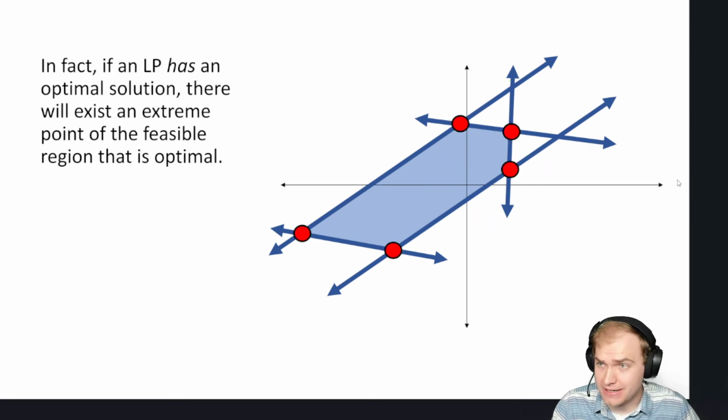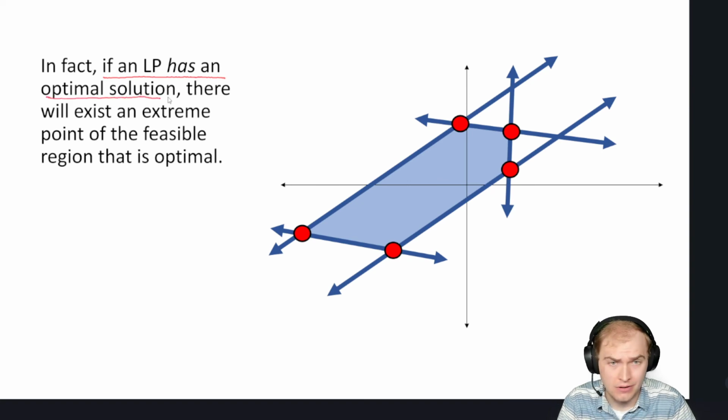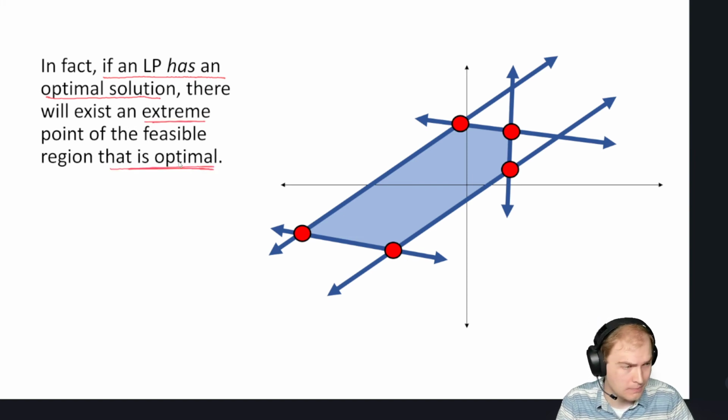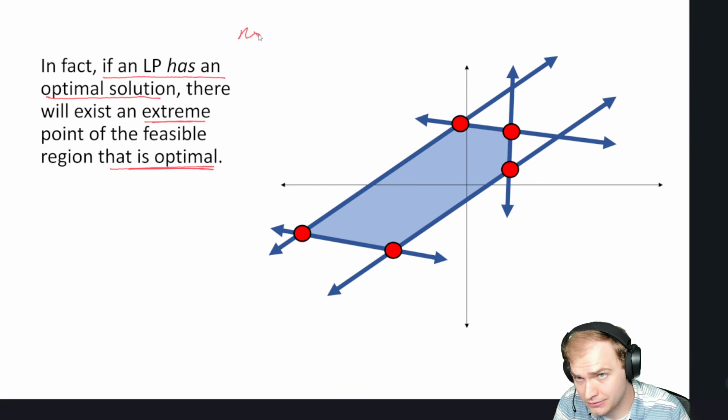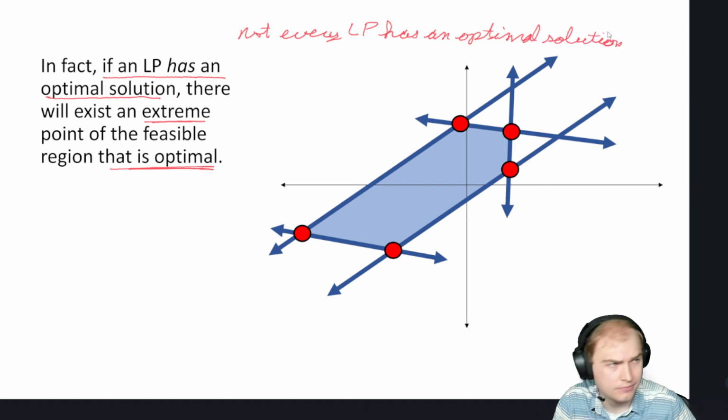That important piece of information is if an LP has an optimal solution, one of the extreme points will be optimal. This statement is a little confusing. But first, it's important to realize that not every LP has an optimal solution, a best solution, you might say.